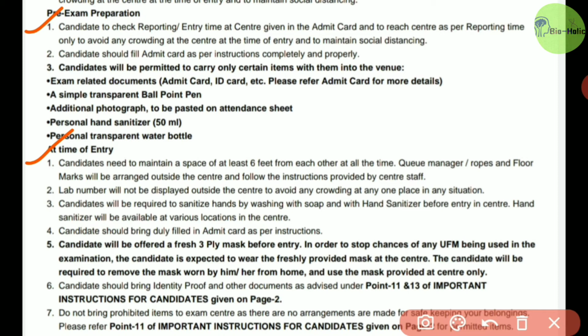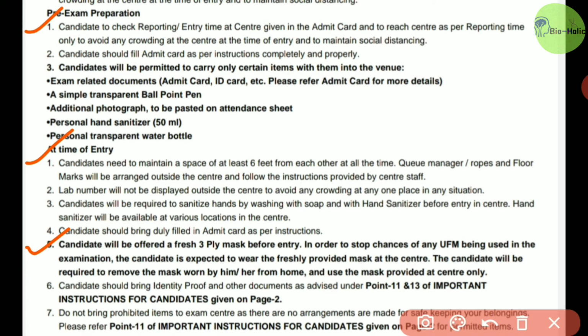The fifth point is most important: the candidate will be offered a fresh 3-ply mask before entry in order to stop chances of any unfair means being used in the examination.